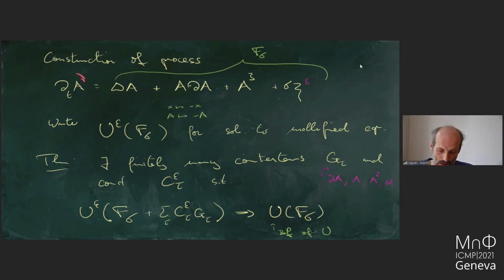So this guy changes sign because A changes sign. This guy changes sign because A changes sign. This one also, because you have 2 A's, they cancel each other out, but you have a derivative, and that also changes sign because of x going to minus x, and so on. So this equation is invariant under this substitution.